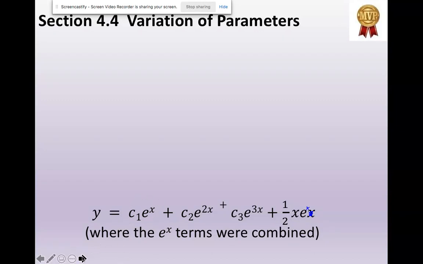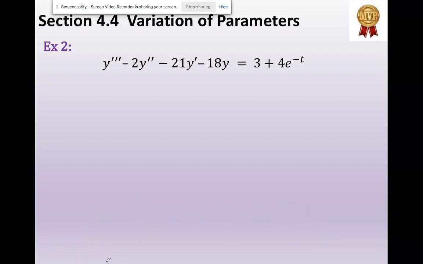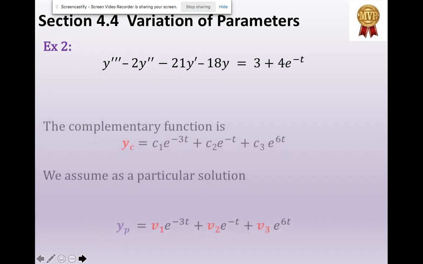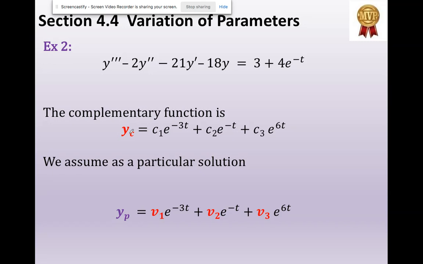Let's do one more. So again, if you want to pause the video and check out, see if you can match my answer. I didn't type this up, I just captured a bunch of screenshots for this. Here's my complementary, which of course I normally call the homogeneous, right?